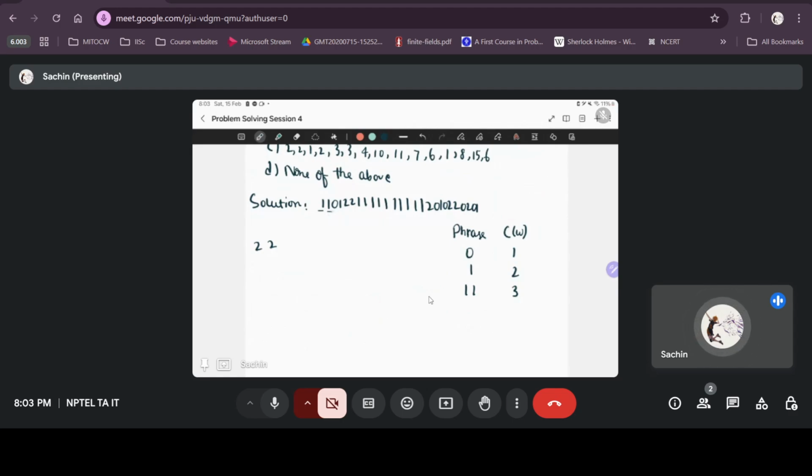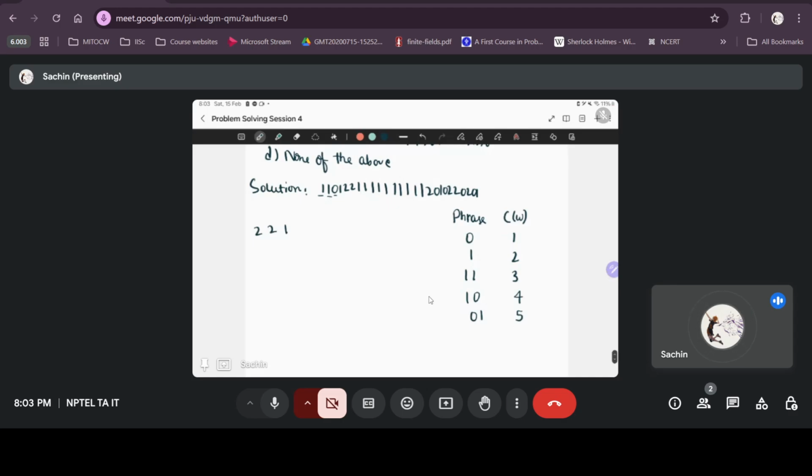Then 1 0 is not a phrase in our dictionary, so we add 1 0 as a phrase with index 4. Next, 0 you have to encode by index 1. 0 1 is not a phrase in our dictionary, so 0 1 has to be included. Index 5.